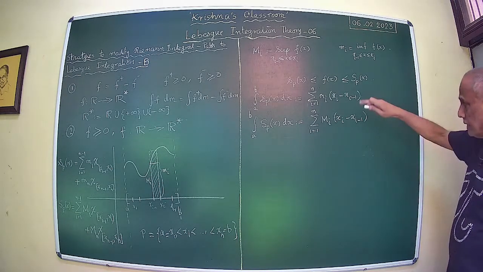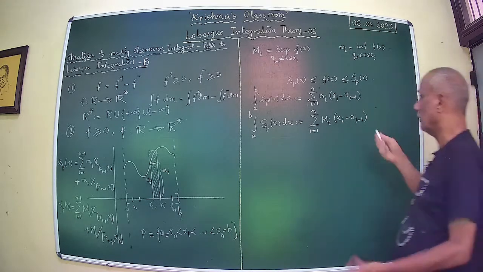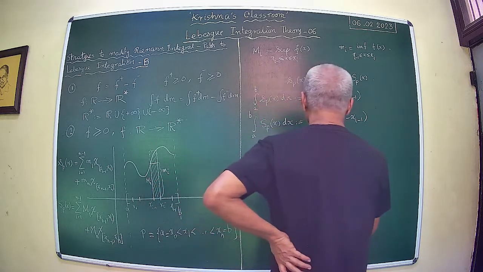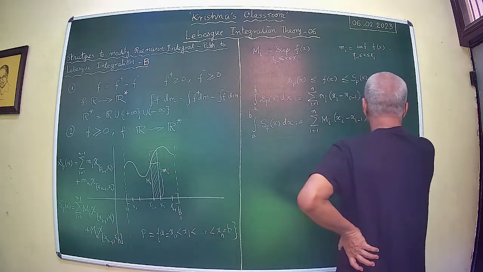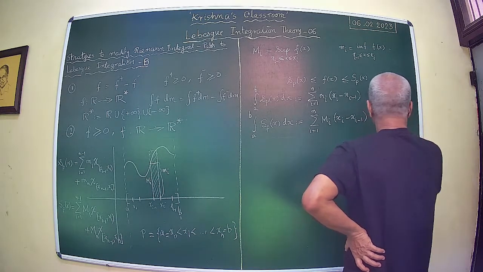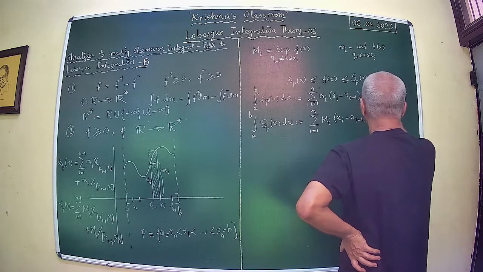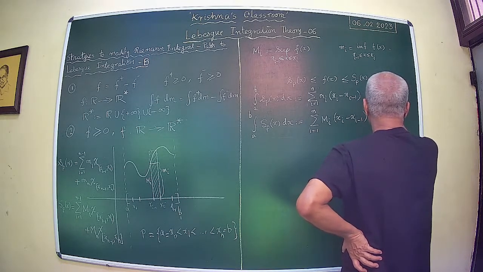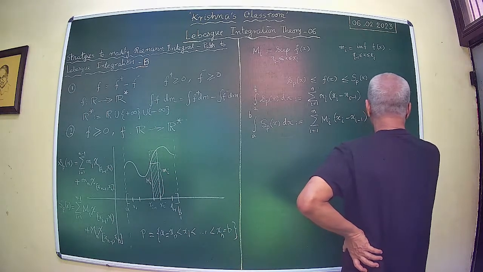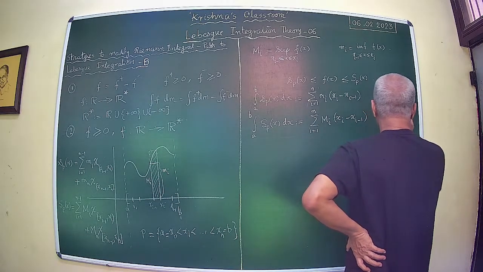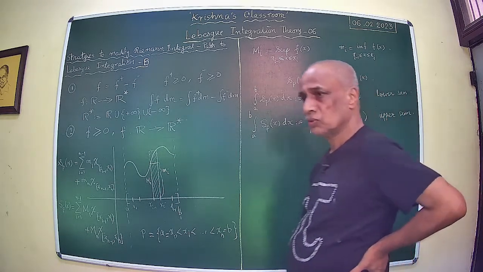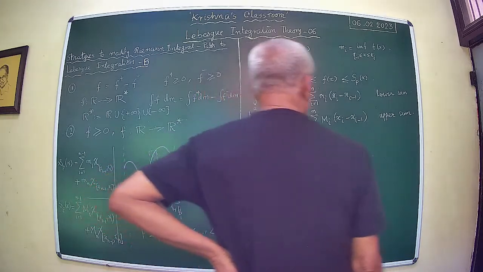So this is the lower integral and upper integral. Therefore, this is what is called the lower sum, and this is called the upper sum. So you have the upper sum and lower sum.